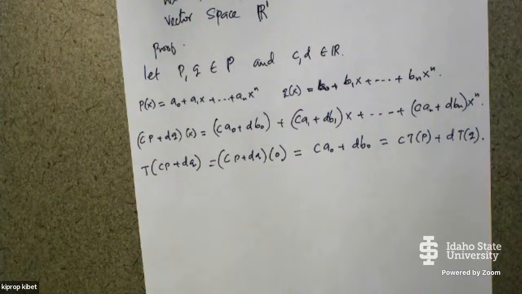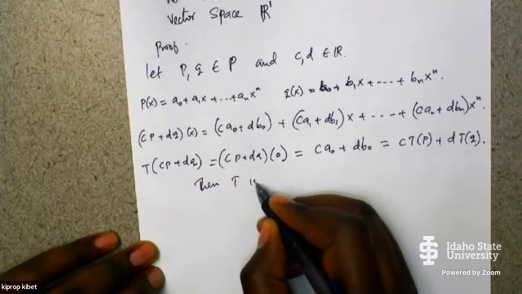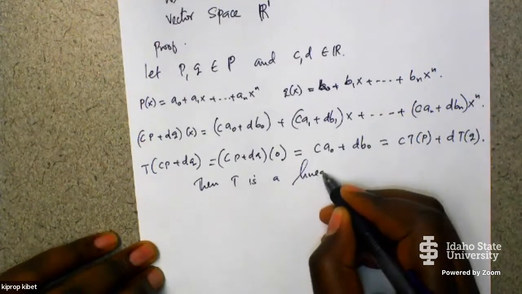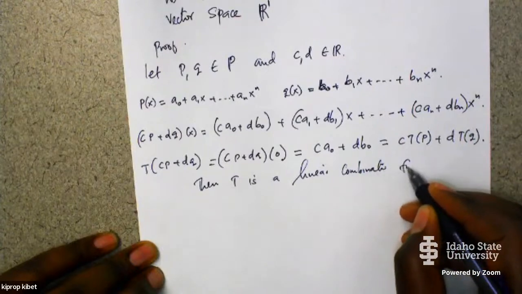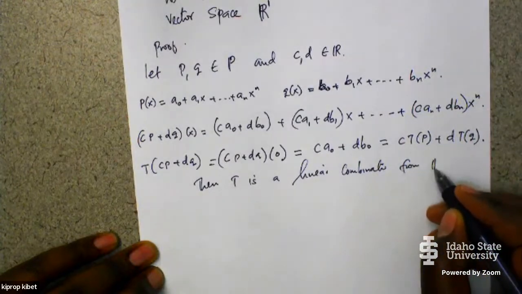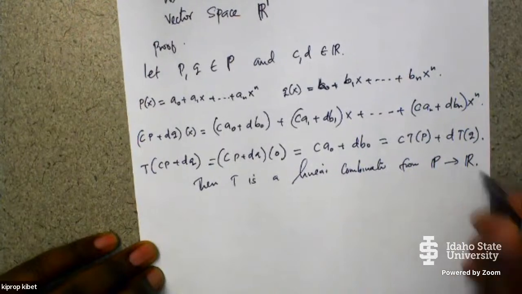So therefore, this is a linear combination. So then T is a linear transformation from P to R.